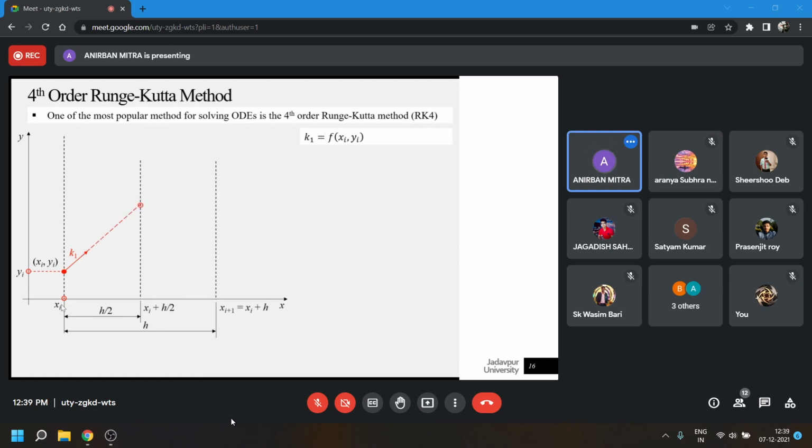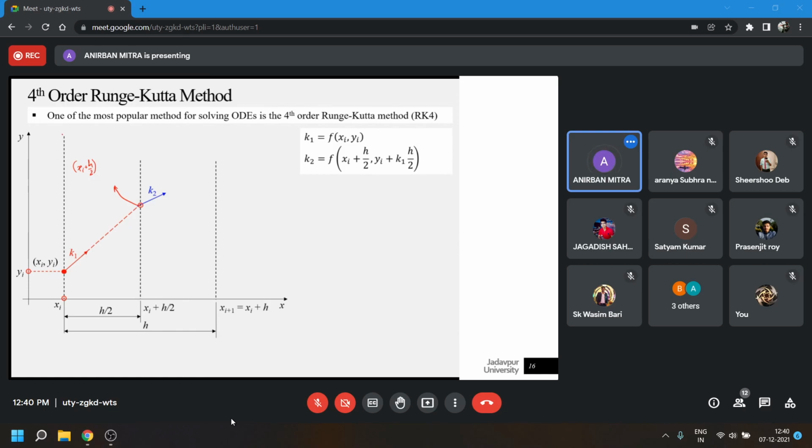Extend this slope to the midpoint of that interval. So the vertical line passing through the midpoint of that interval gives us the next slope. At this point, we'll also calculate the slope, which is known as k2. Here, what you have to supply? The coordinates of the point indicated over here in red, and the coordinate at this point is basically xi plus h by 2. That is the x point over here.